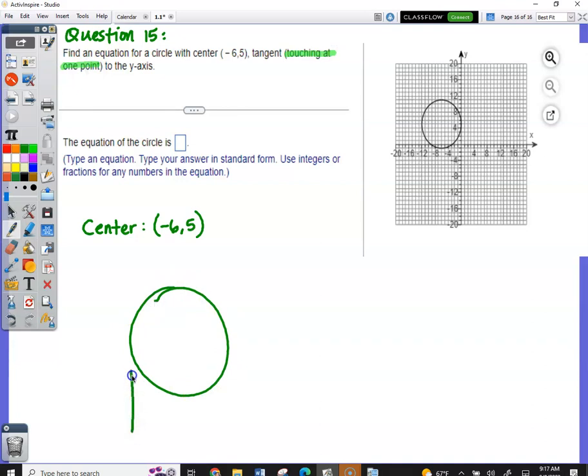It's when a line is approaching a figure and has only one point in common. If you zoomed in really close, they would only have one point in common, that's on both the line and the circle. So they're saying there's a tangent to the y-axis. I think the circle's on the other side.